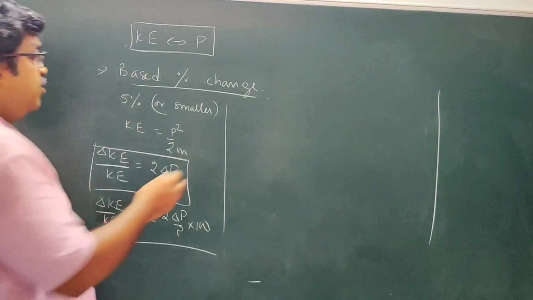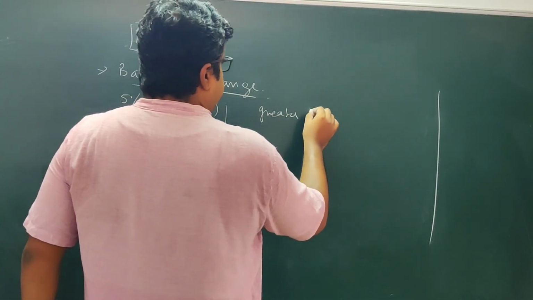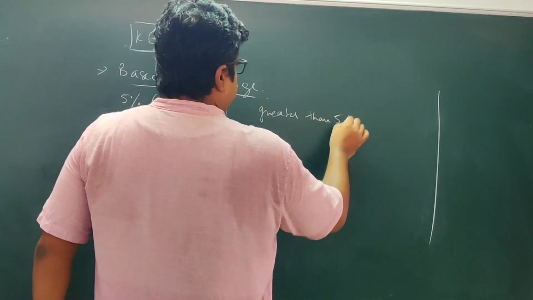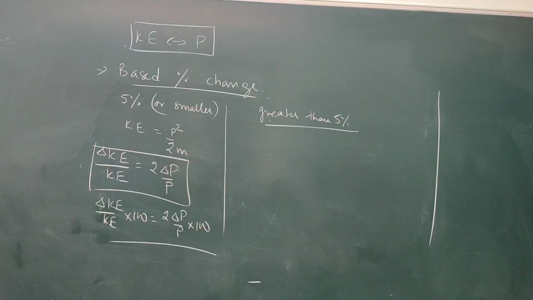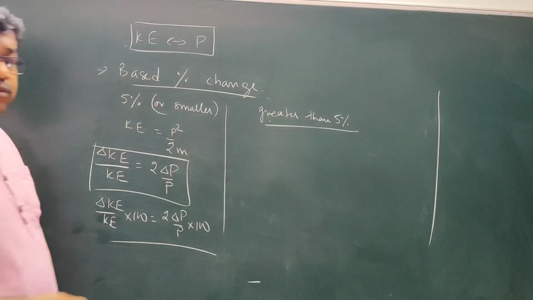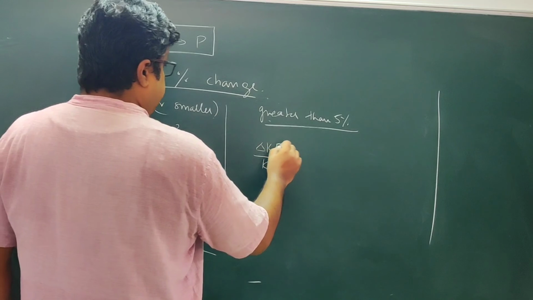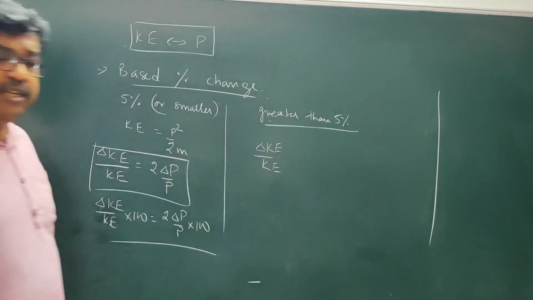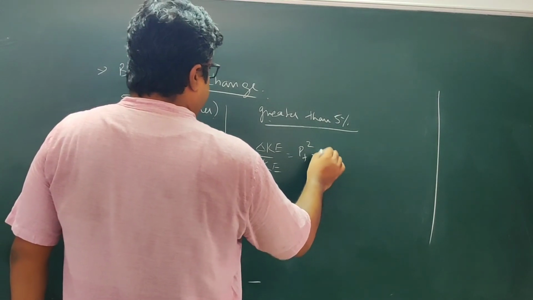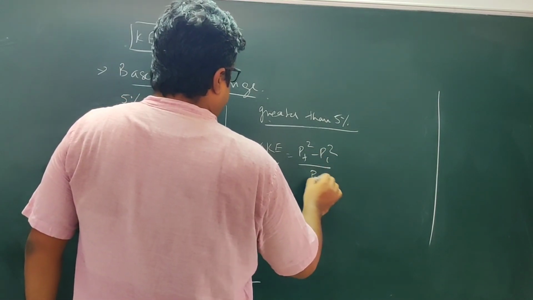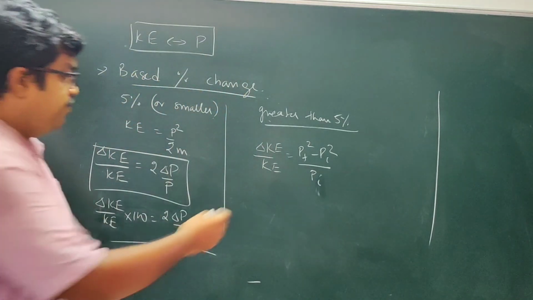Now suppose the percentage change is greater than 5%. Then if you use this method, you may not get the correct answer. So in that case, delta K by K, the fractional change in kinetic energy, is equal to (p final square minus p initial square) divided by p initial square, where p is the momentum.